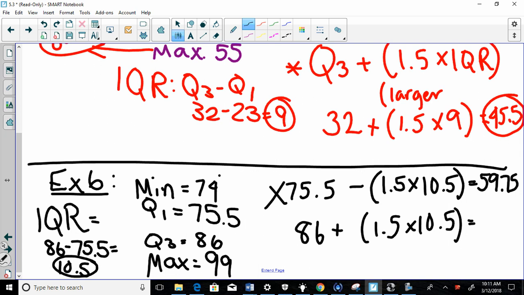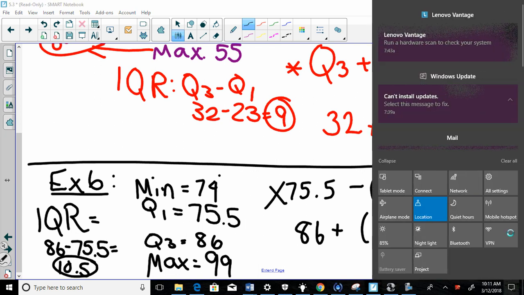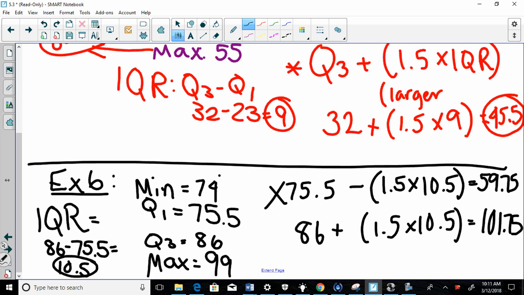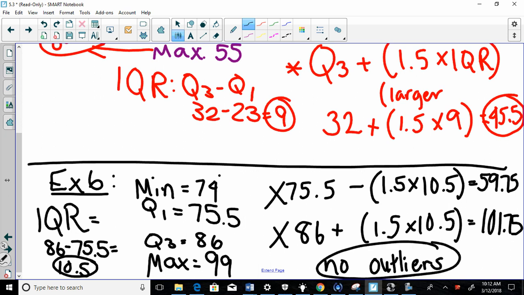What number do you end up getting right here? 101.75. So is 99 bigger than that number? Nope. So are there any outliers? No outliers. So you're basically just using this formula to figure out, are there any really, really big numbers or really, really small numbers based on this data?